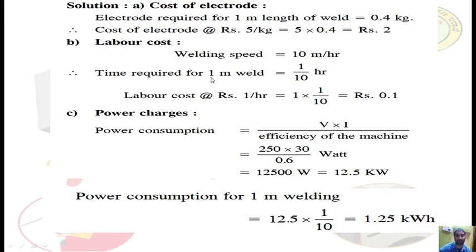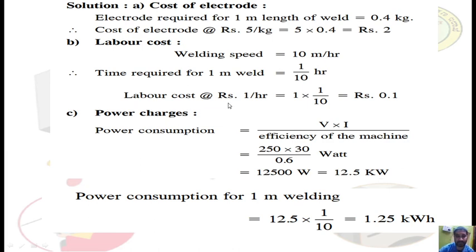So time required for 1 meter welding is 1 by 10. This is obtained by nothing but cross multiplication. So 1 by 10 hour is required, because in 1 hour we can weld 10 meter, but we need to weld only 1 meter. So that means 1 by 10 hour is required for welding this plate.